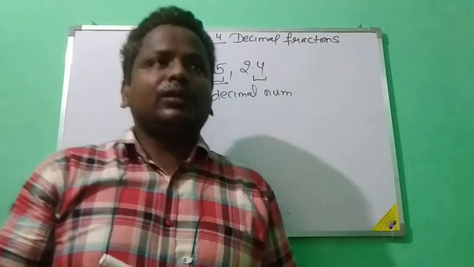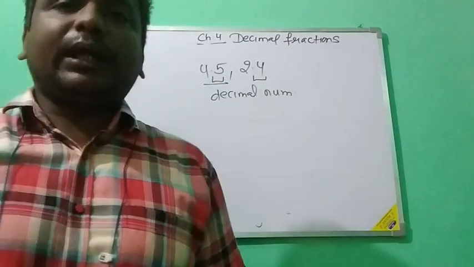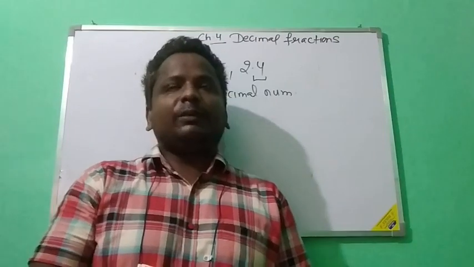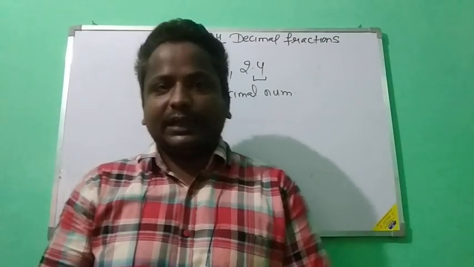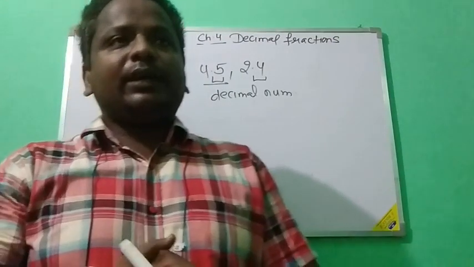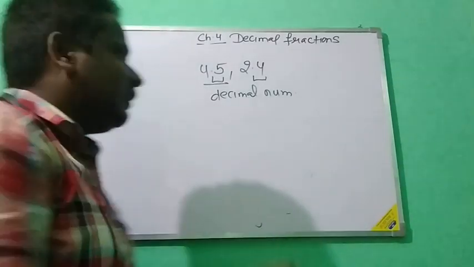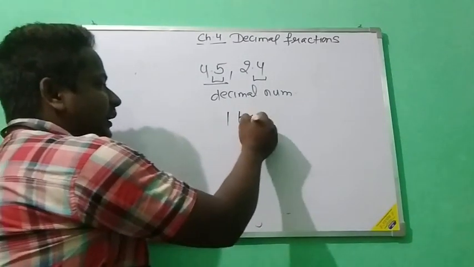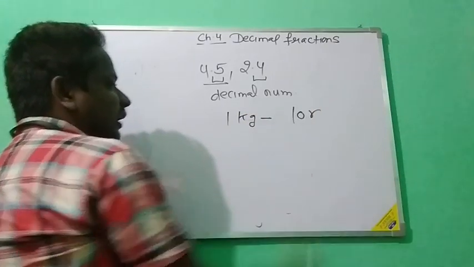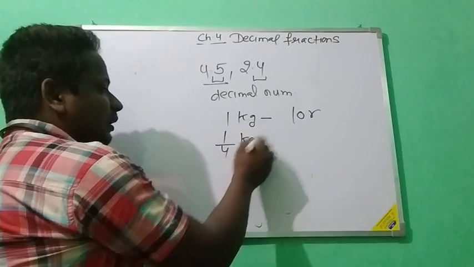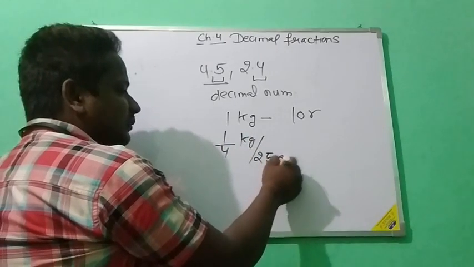Suppose you go to a market and you are buying potatoes, and the rate of potatoes is 10 rupees per kg, and you need to buy only 250 grams of potatoes. So if 1 kg of potato is 10 rupees and you just need to buy 1 upon 4 kg or 250 grams.